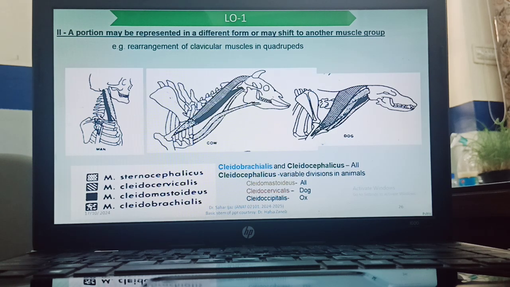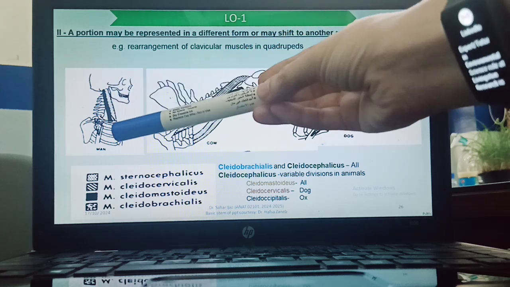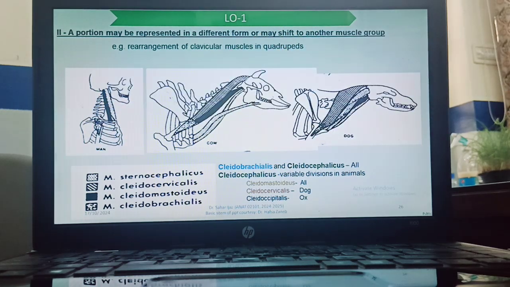Then the second thing that we can pay attention to when we are looking at the evolutionary adaptation is that a portion of the muscle may be represented in a different form, or it may shift to another muscle group. That is like rearrangement of the clavicular muscles in quadrupeds. In these figures, you can see these are the muscles.